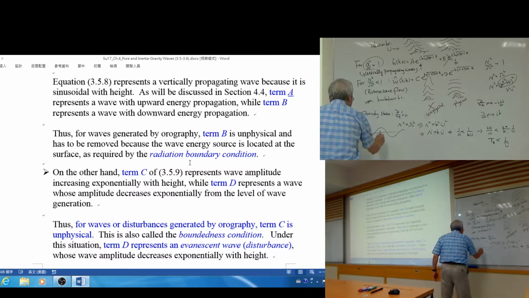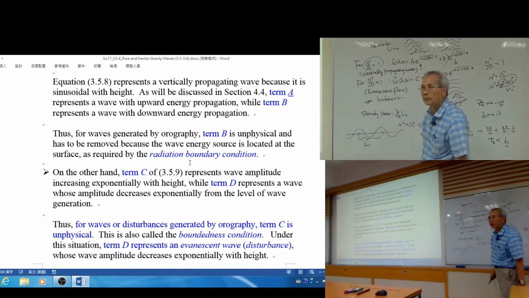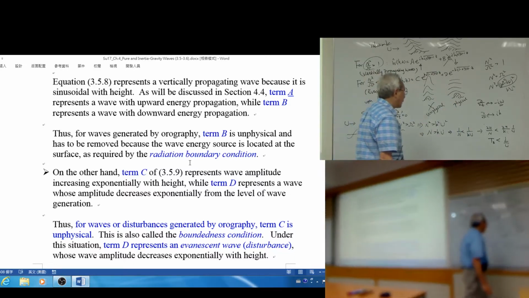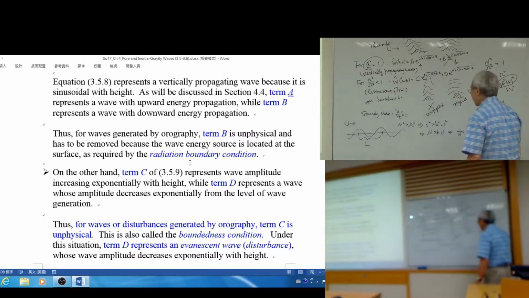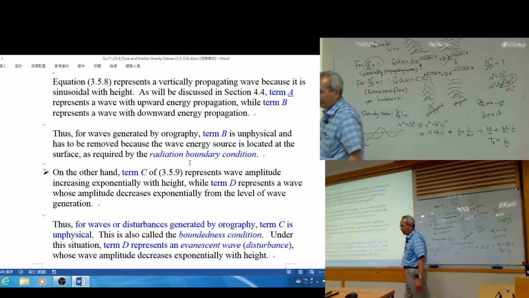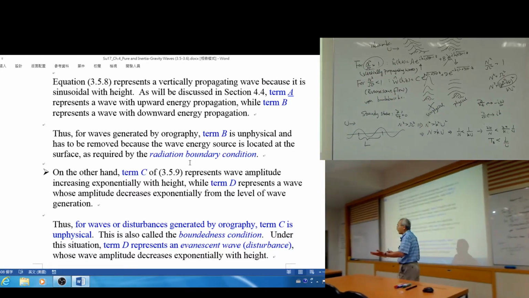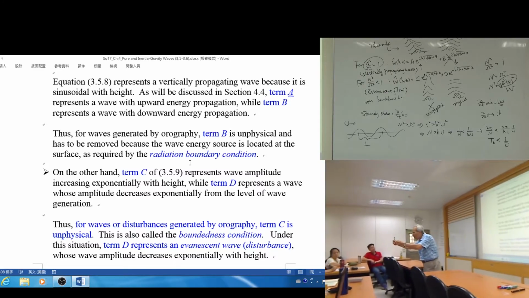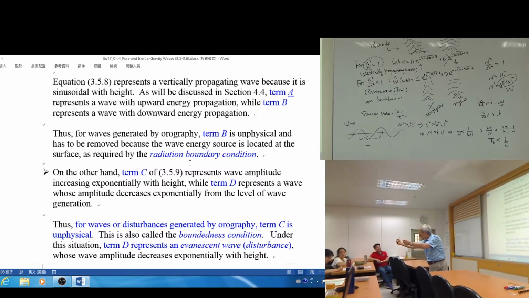Then this will be your L, and this is your U. So L divided by U is what? The period, the time an air parcel is going to take to pass over the mountain.